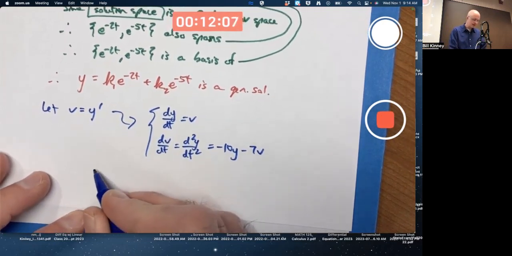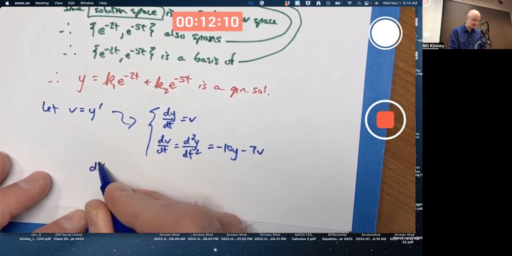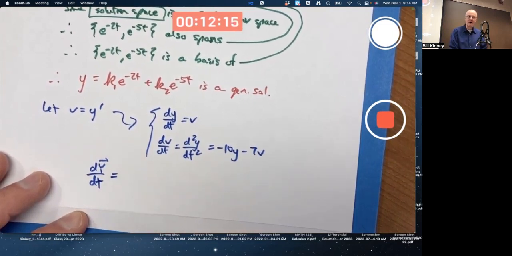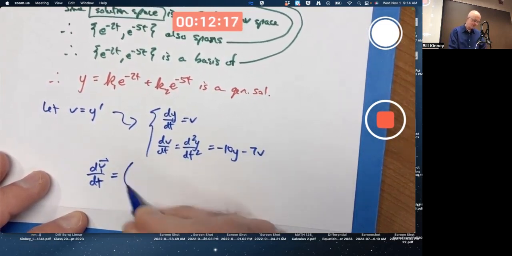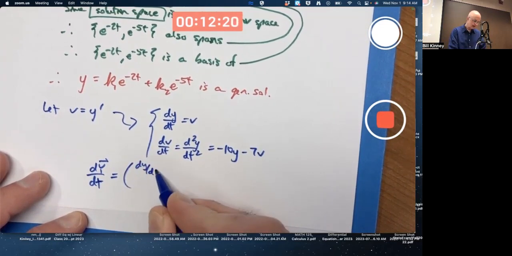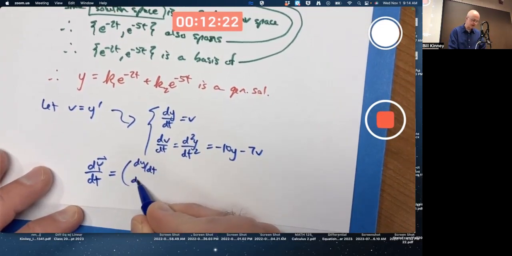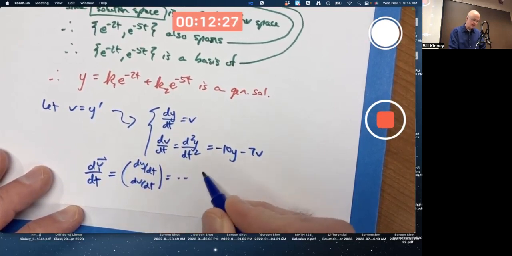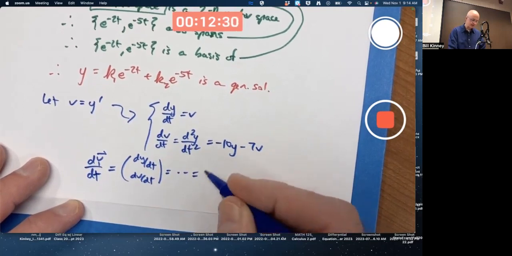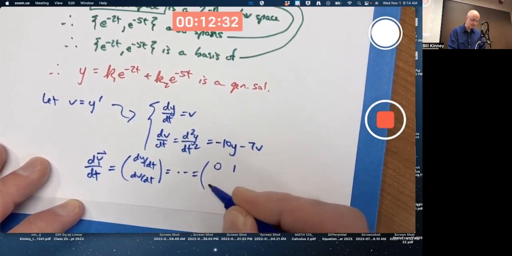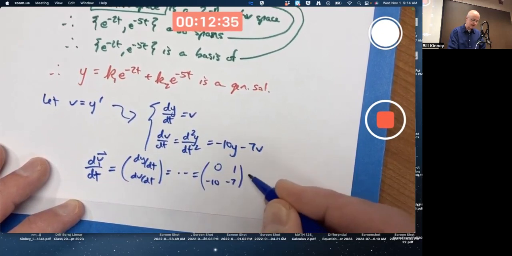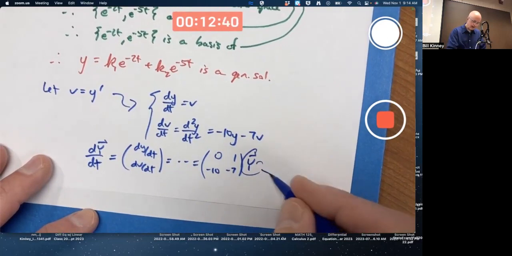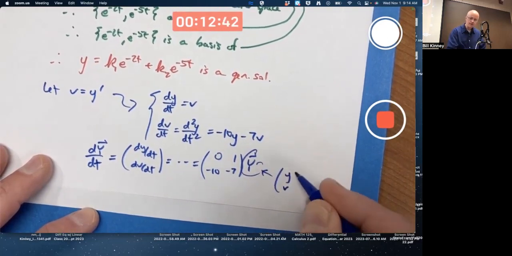In matrix vector form, if the vector Y has components little y for the first component and little v for the second, then as a matrix times a vector, it would be the matrix 0, 1, -10, -7 times Y, where that is this vector.